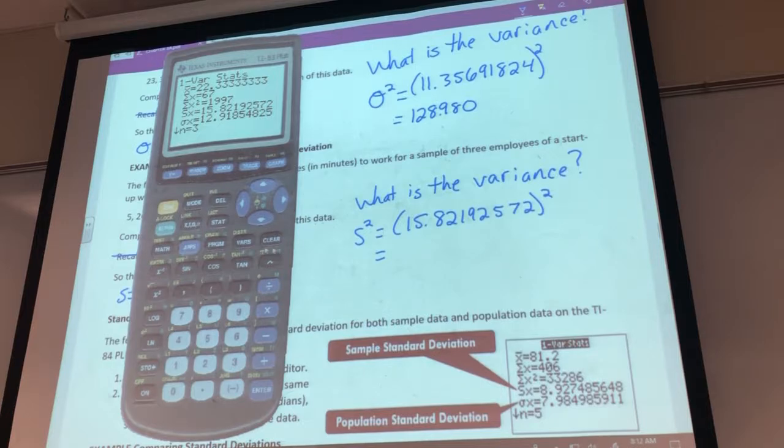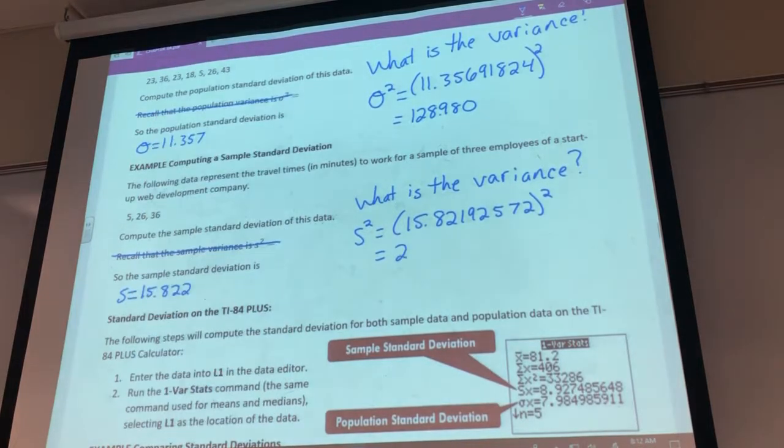So if we square our answer, we get 250.3. And that would be my variance on this one.